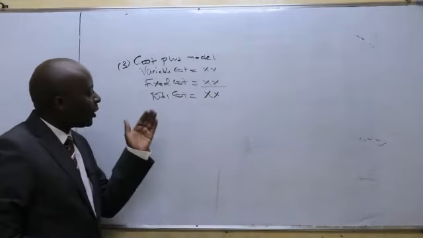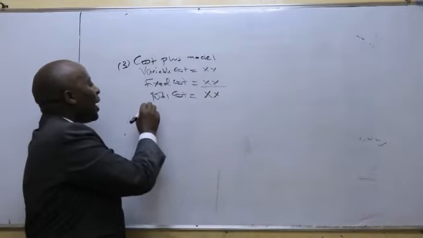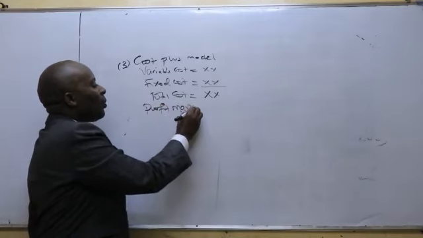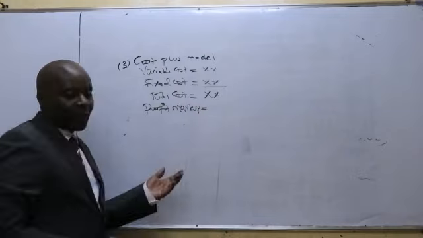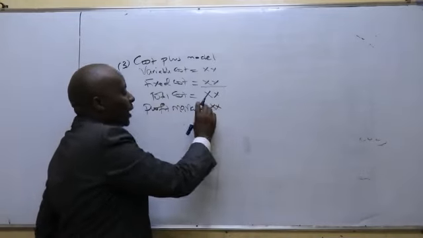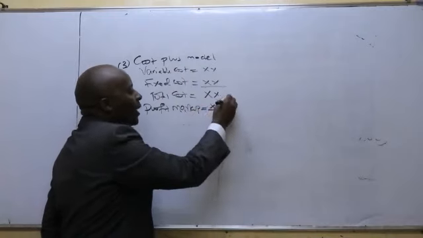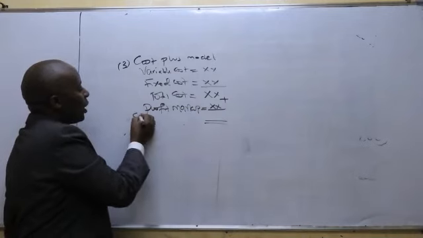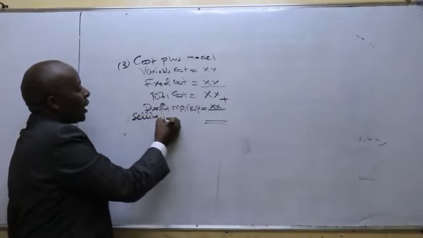Now, once I have the total cost, then of course I'll add what we call profit markup. Profit markup, a certain percentage, which will end up giving me a profit markup of say whatever amount. So add the two. When you add the two, you should be able to get what we call the appropriate selling price.